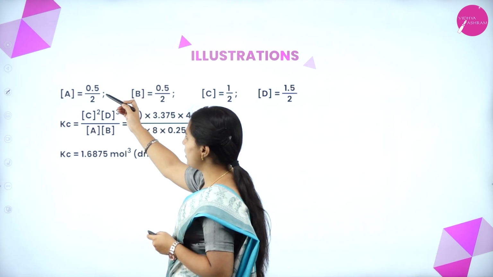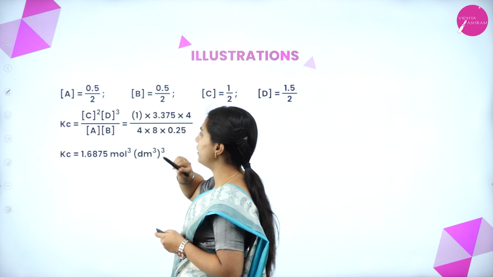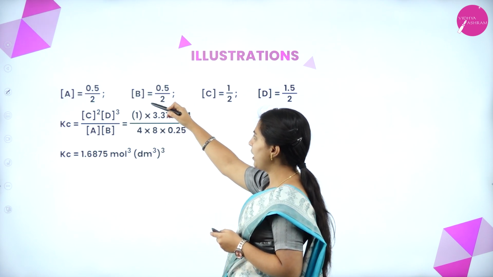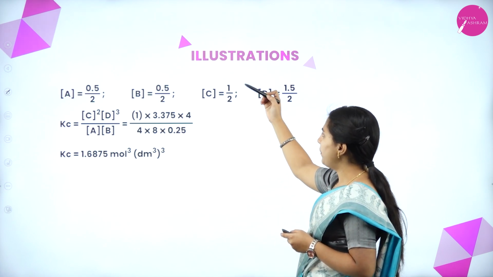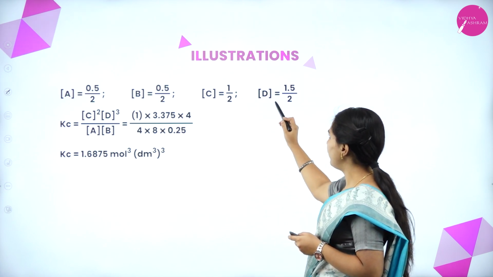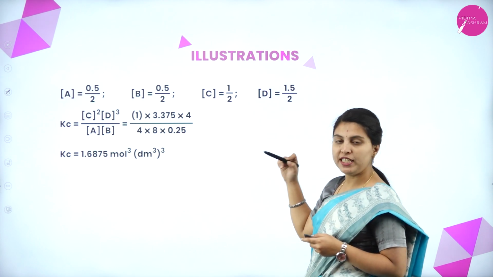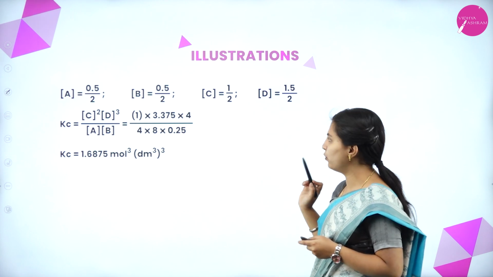Then concentration of A equals 0.5 divided by 2, concentration of B equals 0.5 divided by 2, concentration of C is 1 divided by 2, concentration of D is 1 divided by 2. The equilibrium constant means product by reactant. This you know that.